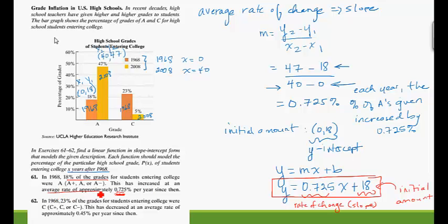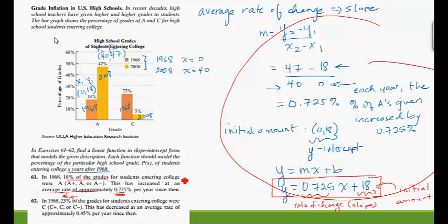So when you see average rate of change, that's really your slope of 0.725% per year since. So we didn't even need to do this. We can actually just take that information and say our rate of change is 0.725 per year, which is x, added on to our initial percentage, which was 18, or our y-intercept.